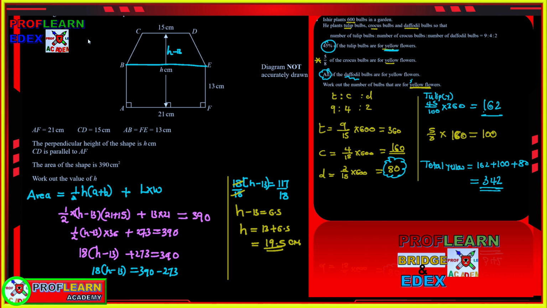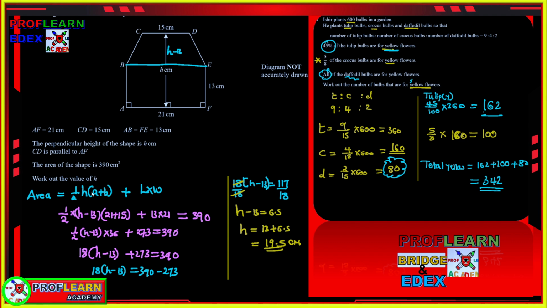So the next question that we are given here is to find the height h. The height h is between this point and this point, and the shape was given there. So I decided to subdivide this into two shapes so that I find the area of the upper part and the area of the lower part, then I add them together. Since this is 13 and the entire height was h, then from this point to this, the height of the trapezium is going to be h minus 13, right?